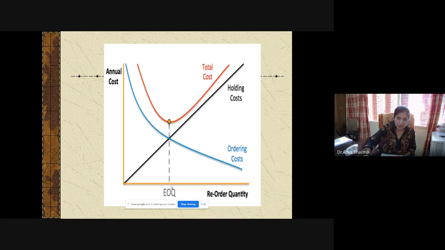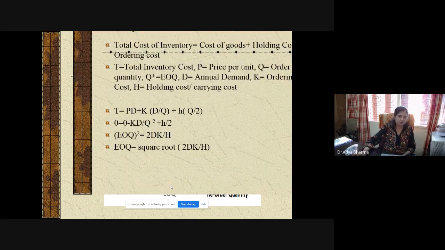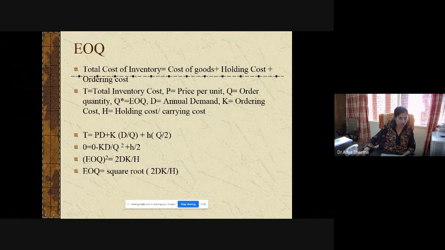This is exactly what we have done. We first found out the total cost. We then differentiated it because we wanted to understand the point at which the rate of change of the cost is minimum. The moment I did it, we found the formula for EOQ, which is the square root of 2DK by H.